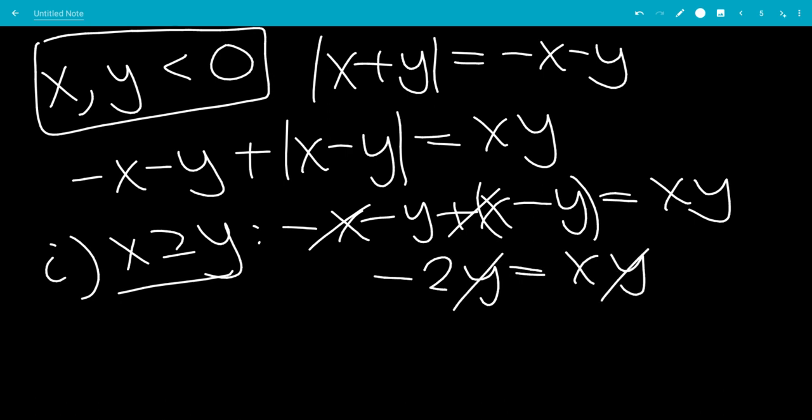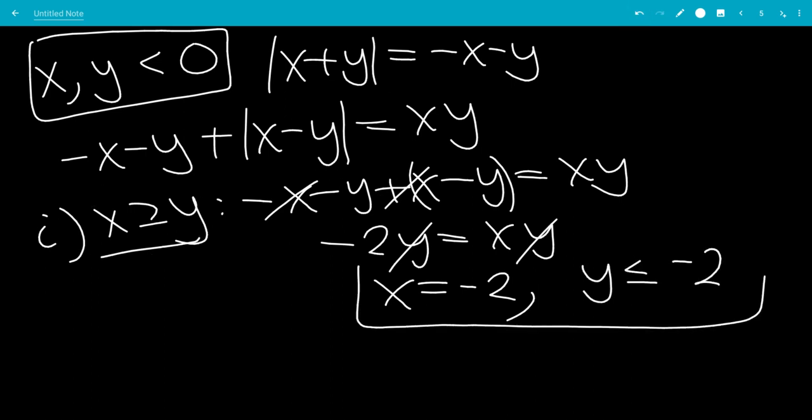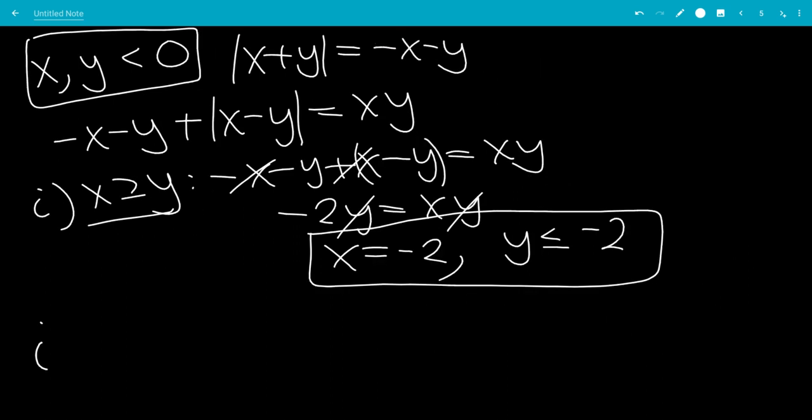You can divide by y because it's not equal to 0, so x equals negative 2. And since y is less than or equal to x, y is less than or equal to negative 2. So that is our other solution. Our last subcase is where x is less than y, and x and y are less than 0.